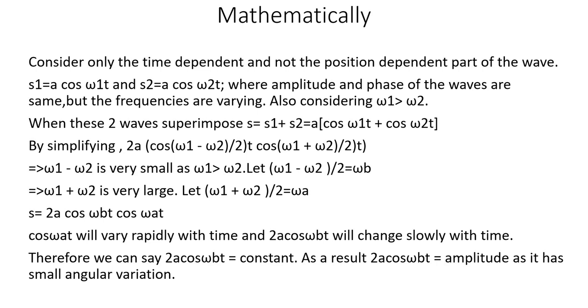Cos omega a t will vary rapidly with time, and 2a cos omega b t will change slowly with time, because omega b is very small in comparison with omega a. So we can consider 2a cos omega b t as the amplitude of the wave, and cos omega a t as the time dependent variation of the resultant displacement.